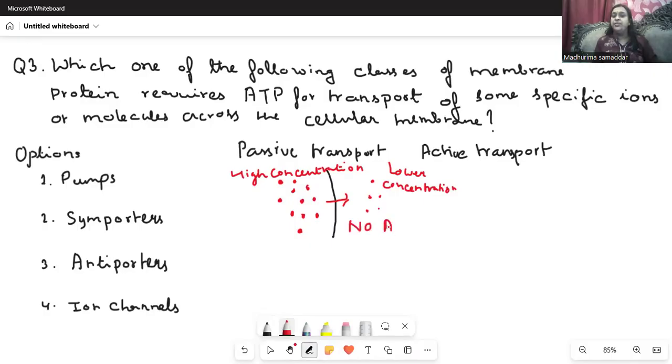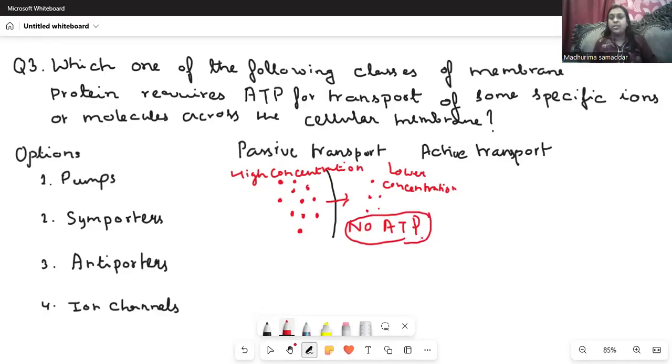Okay? So that is very important to understand that in passive transport, no ATP is required for the transportation of the molecules or ions across the cell membrane.